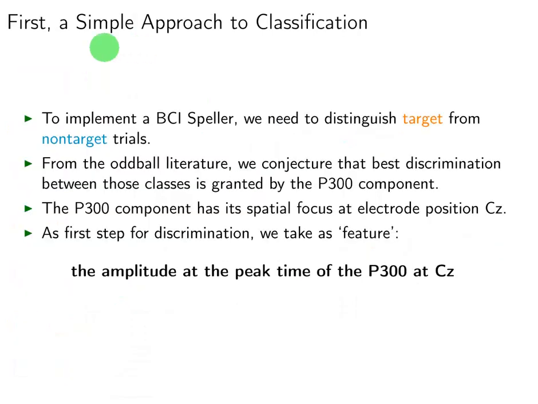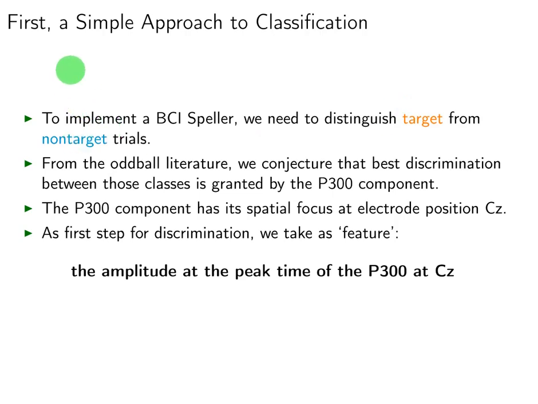Let's take a look at a simple classification approach. In order to implement a BCI speller, which is a binary classification task, we need to distinguish between target and non-target in EEG data. Target ERP, non-target ERP.